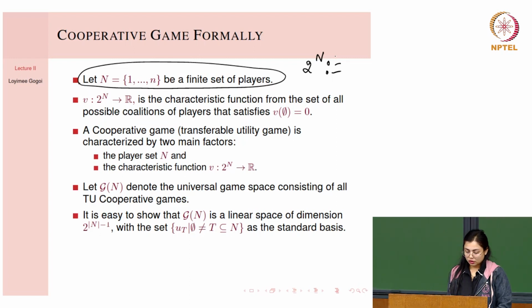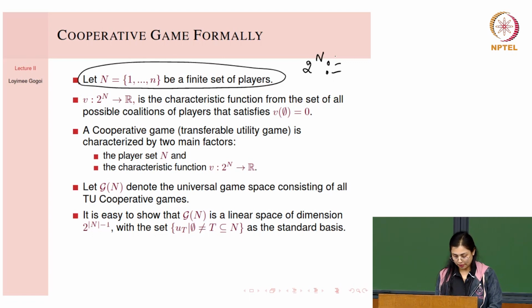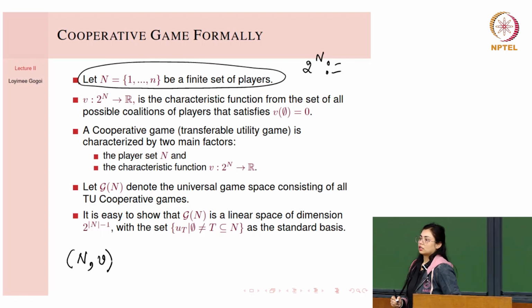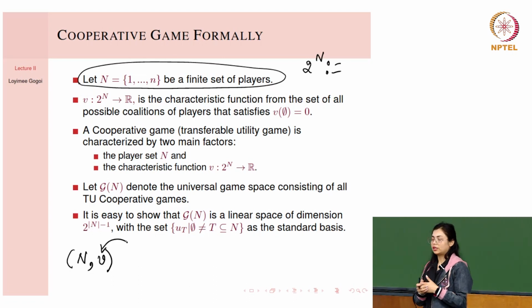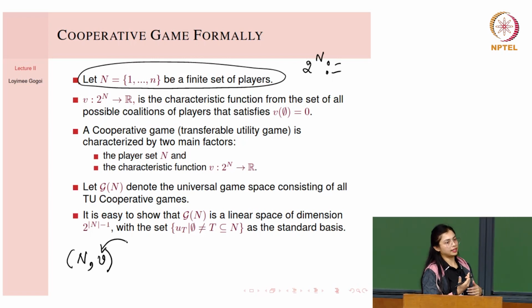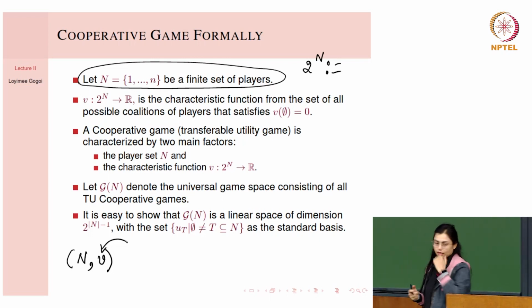Okay. So how do we mathematically define a cooperative game? It has a pair n and v. So n is the player set. What is v? Once the coalitions are formed, there are a lot of articles on how these coalitions are formed, which I'm not going to discuss.